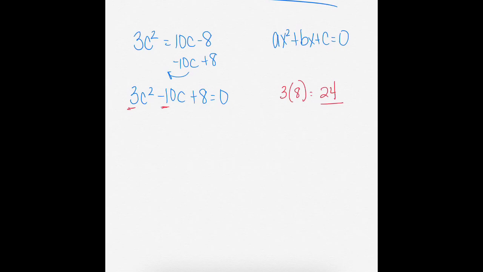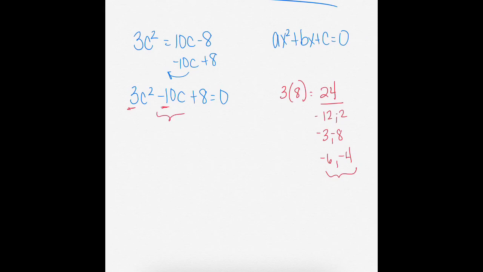The factors of 24 are 12 and 2, again both negative. Then we could also have 3 and 8. Neither of these gives us negative 10. We could have negative 6 and negative 4. I think those two will give me negative 10 when I add them together.